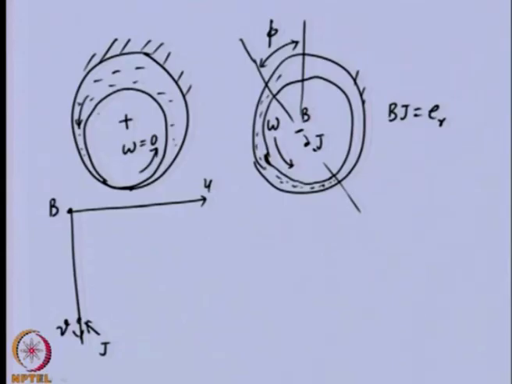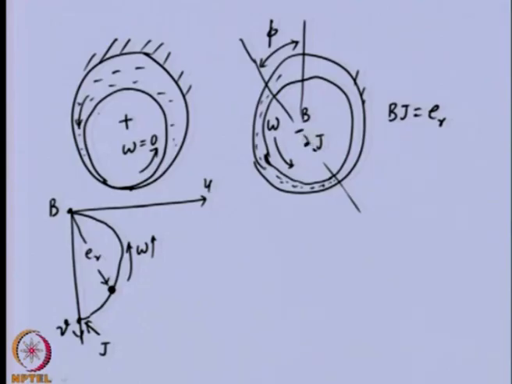Now, as speed increases, it changes its position, and theoretically when speed is at infinity, it reaches the bearing center B. That means the journal and the bearing center will be at the same place. So we can say when speed is increasing, the shaft center takes this particular path, and for one particular speed it will occupy this position, and this is the radial eccentricity which we have drawn here, the Bj.